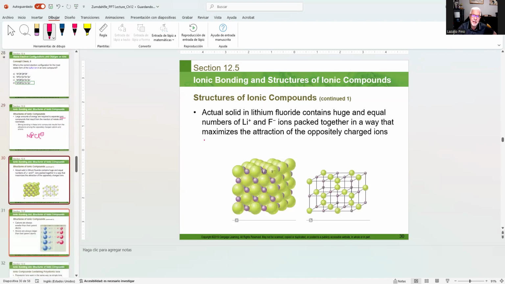That's why they make a structure like a solid, and the ions are packed together in such a way that maximizes the attraction of the oppositely charged ions.